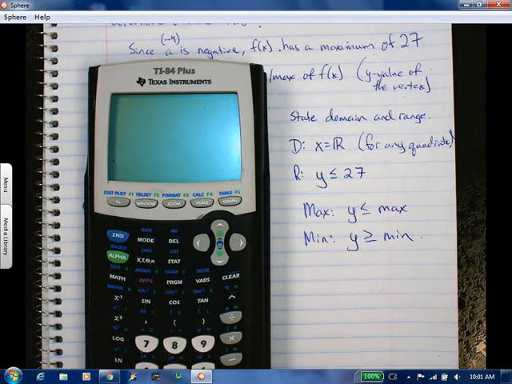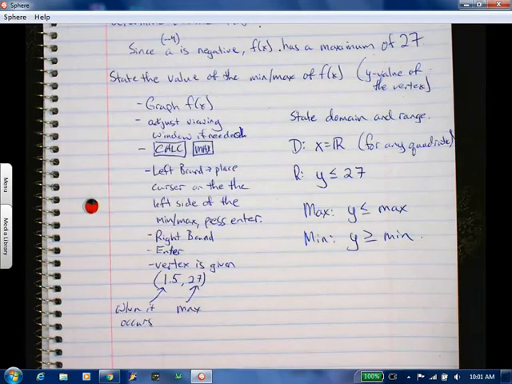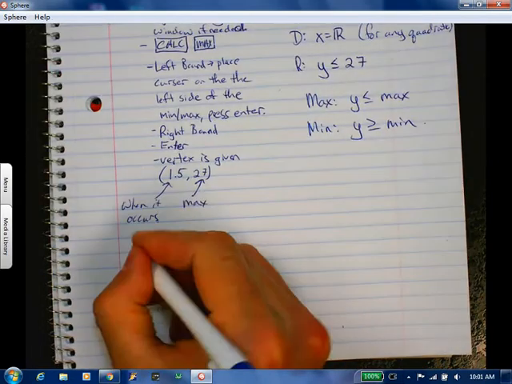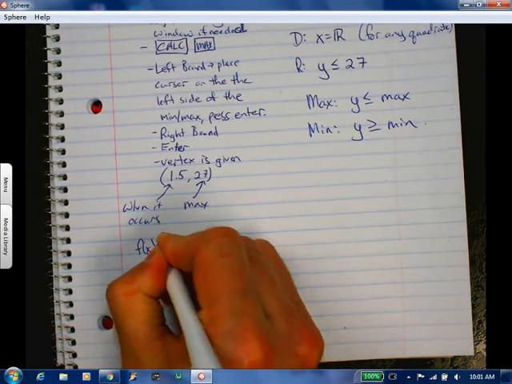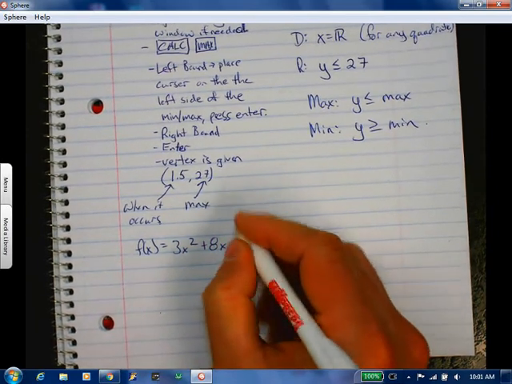Okay, 22 to 39. So let's put that all together for this one right here. So let's say they give you f of x equals 3x squared plus 8x plus 5.